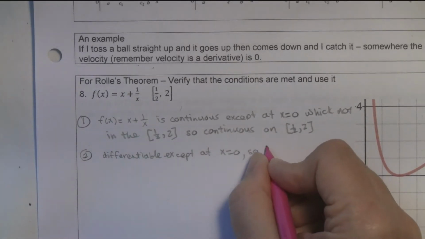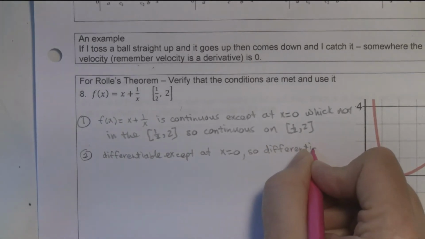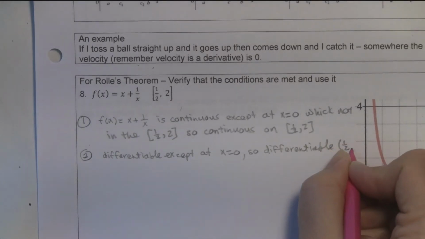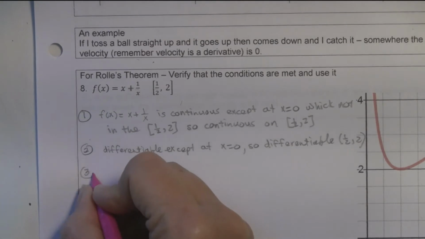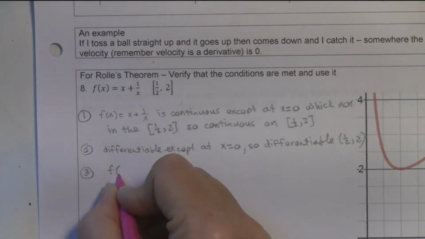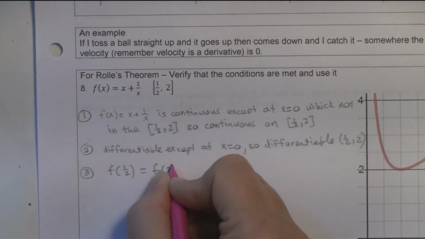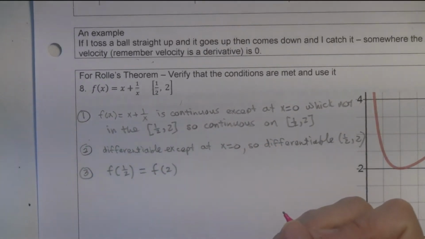So it's differentiable from half, and that's open, to 2, certainly. Then I have to verify that f at half equals f at 2. And these are not formal proofs, and some people have you do more than just verify.